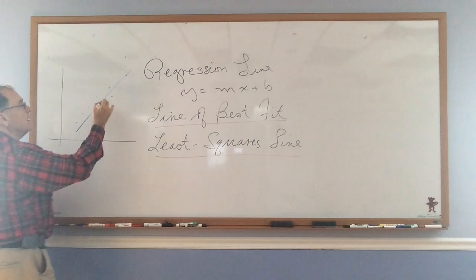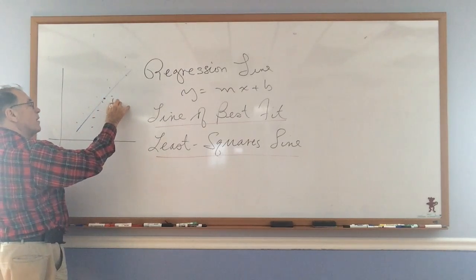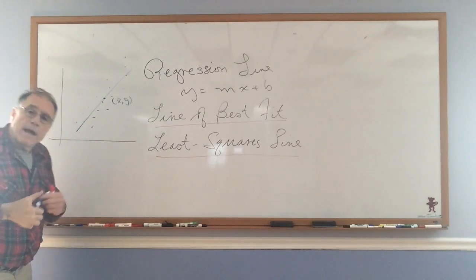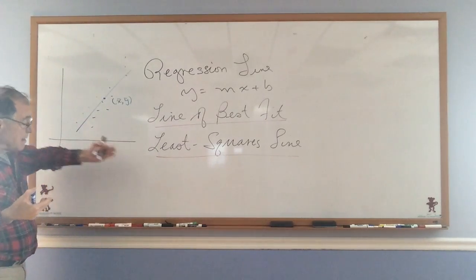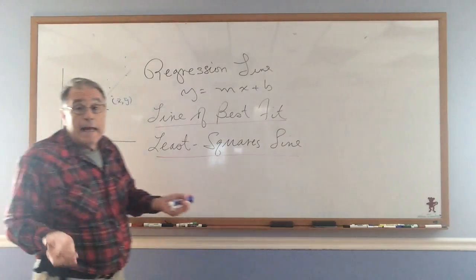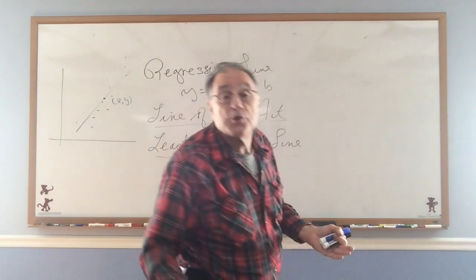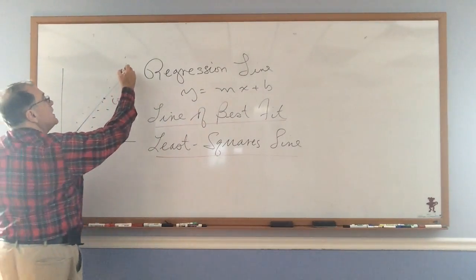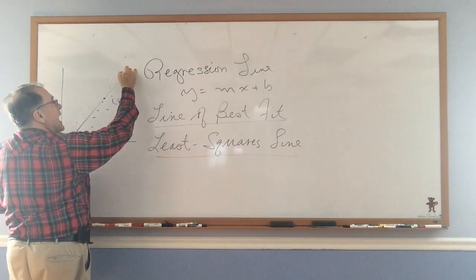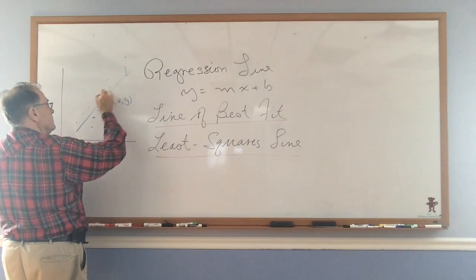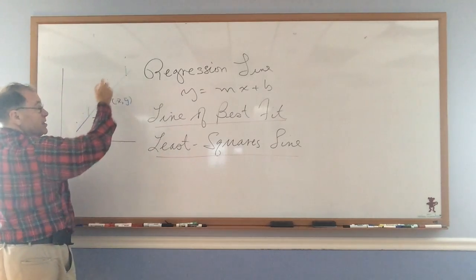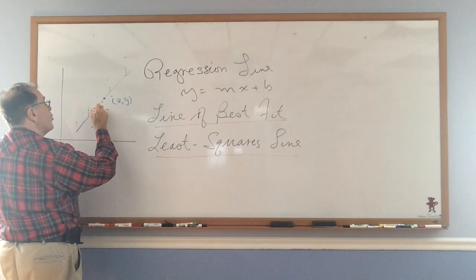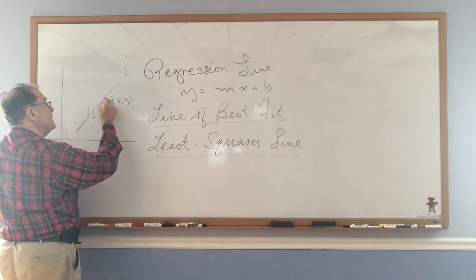Now, I mentioned that the point x bar, y bar is a point on that line. The other points will be above or below the line. Maybe one or two may actually be on the line. Now, the difference between a point and the line, this vertical distance, you see some of these points are above the line, some of the points are below the line.